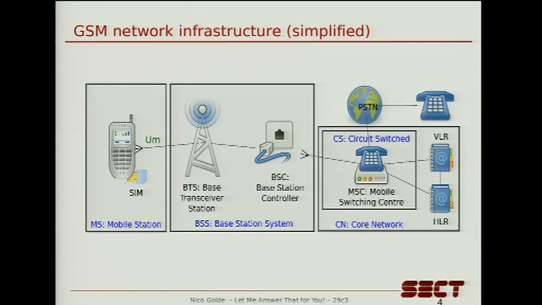It talks to the mobile switching center, which is the component in the network that takes care of everything related to establishing calls, switching a call from one location to another, and initiating signaling to the phone. It's also usually connected to the PSTN, which stands for Public Switched Telephone Network. So this is like the normal landline phone.